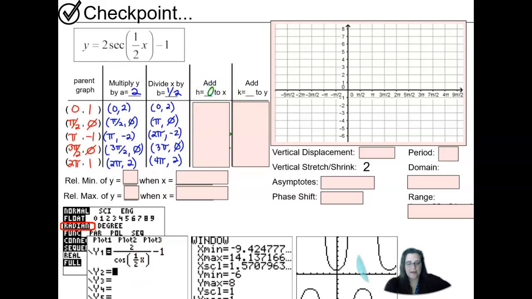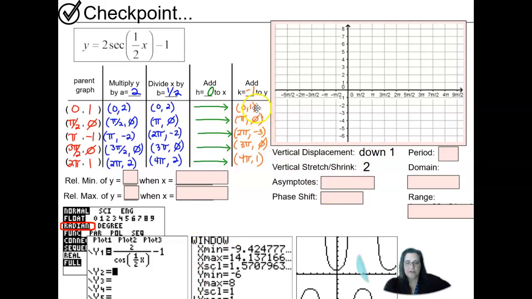There is no h, so we're going to skip right over that one and go to the vertical displacement. And the vertical displacement is the k, and that's a negative 1. So we're going down 1 unit, which gets us these transformed points that we're going to sketch on the graph.